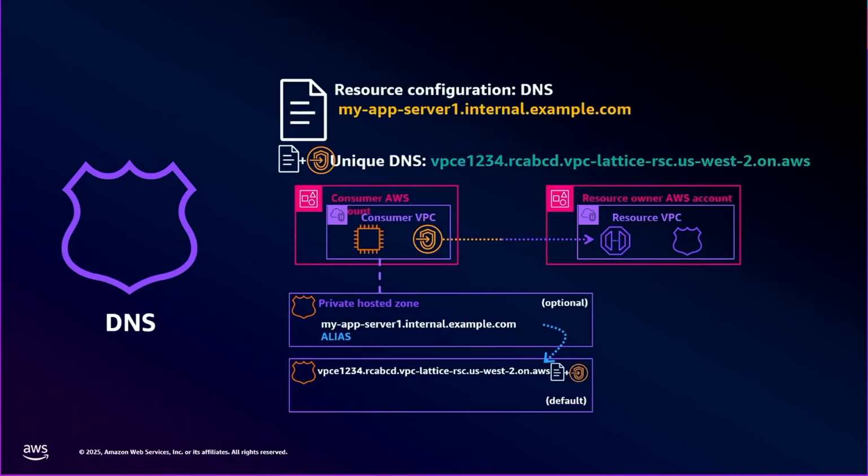Again, with AWS resource configuration and AWS private hosted zones, we have the ability to allow for aliases. So you can then alias your internal domain to point to the VPC Lattice CNAME, and from there you've got simplified connectivity back.